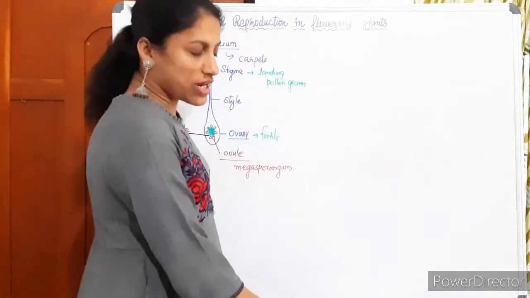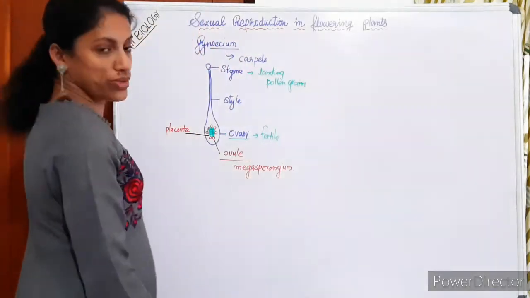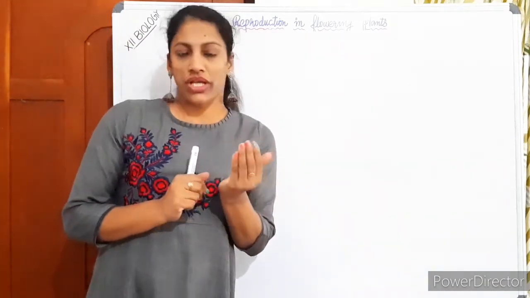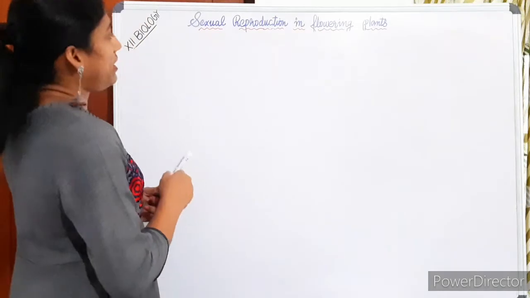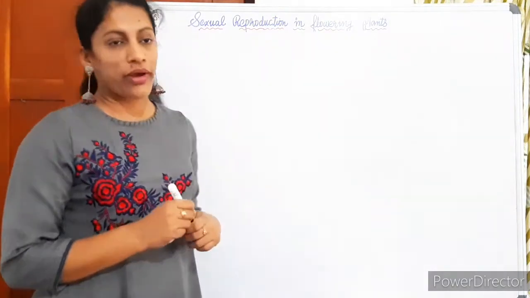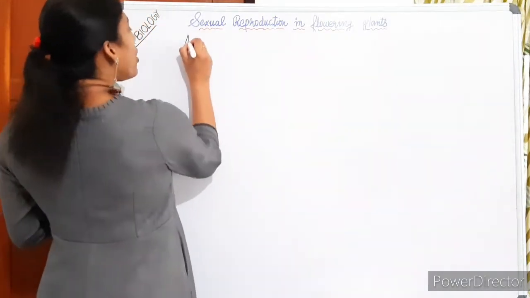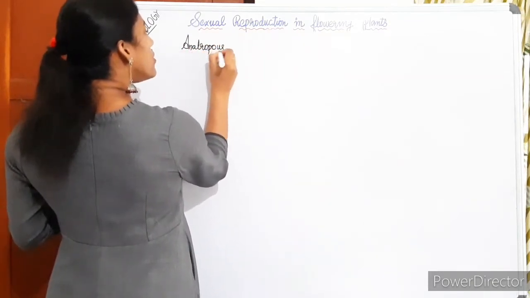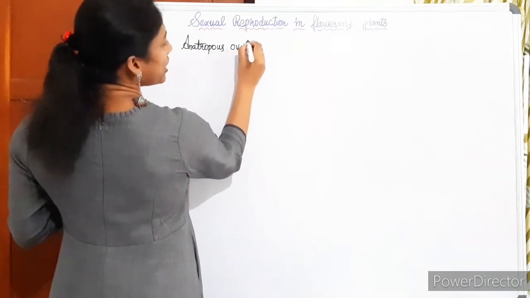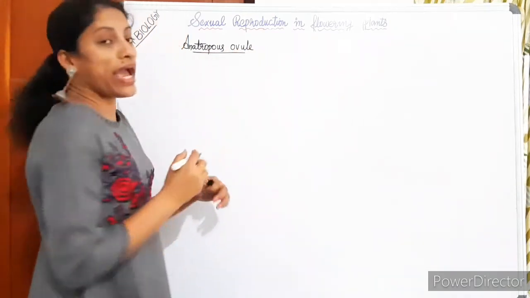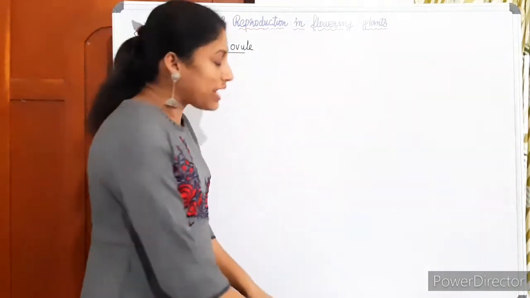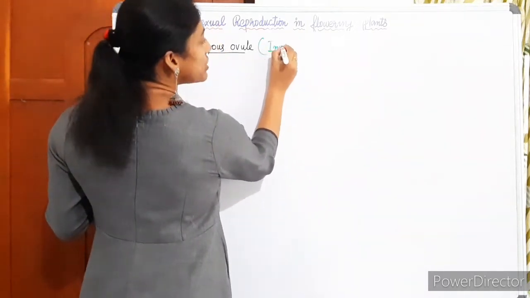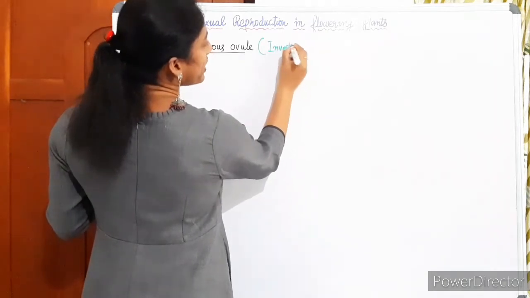Then come to the structure of a megasporangium or ovule. The megasporangium can be of different types based on positioning. Anyway, typically an angiosperm ovule is an anatropous ovule. An anatropous ovule is an inverted ovule. What is meant by that, we will discuss.